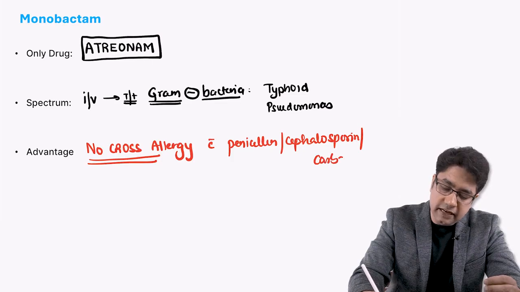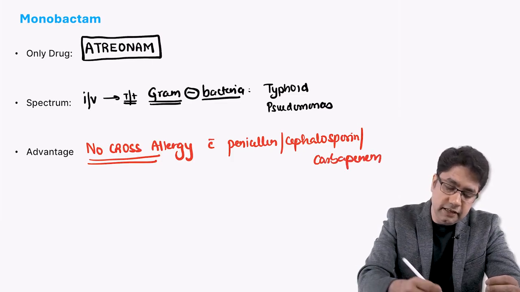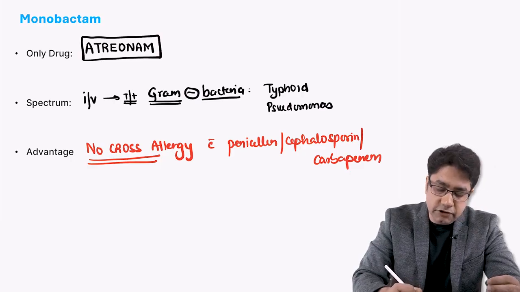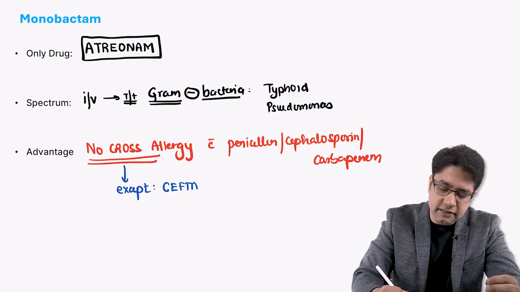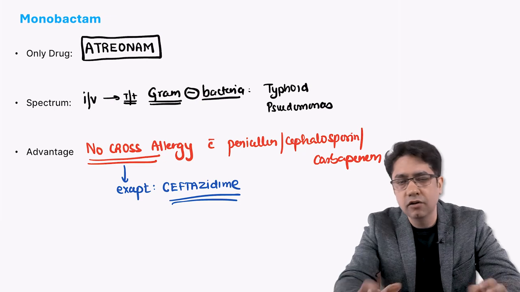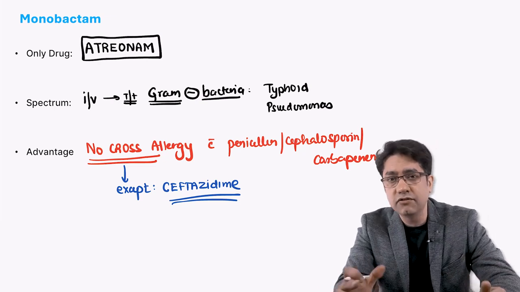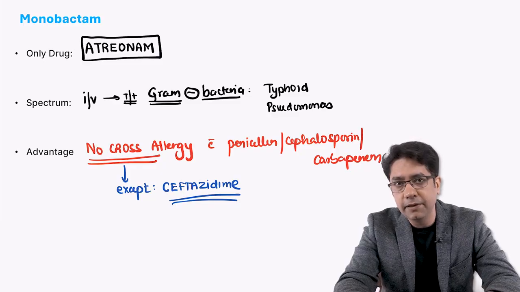But the exception is, yes, Aztreonam can cause cross allergy with ceftazidime. With ceftazidime, it can sometimes cause cross allergy. Rest any other penicillin and other drug, no cross allergy. So this finishes our beta-lactam group of antibiotic.